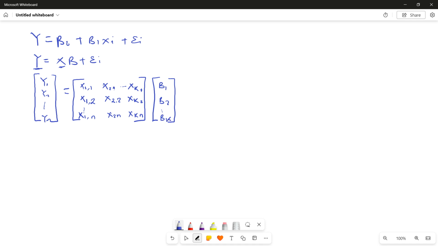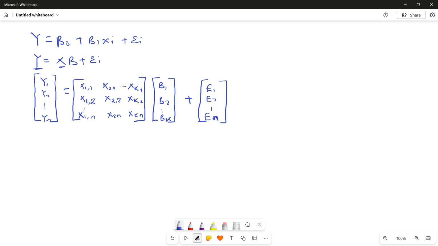Plus the error term, which will also be contained in a vector: error term 1, error term 2, up to error term n.